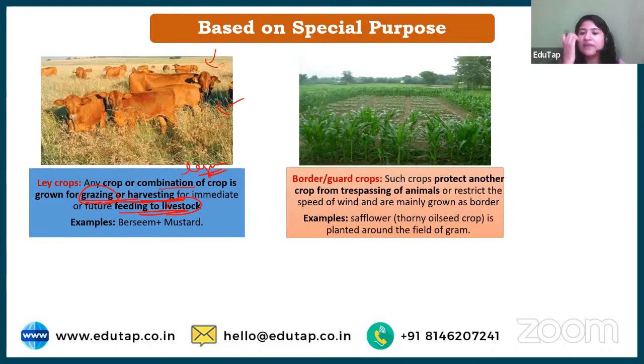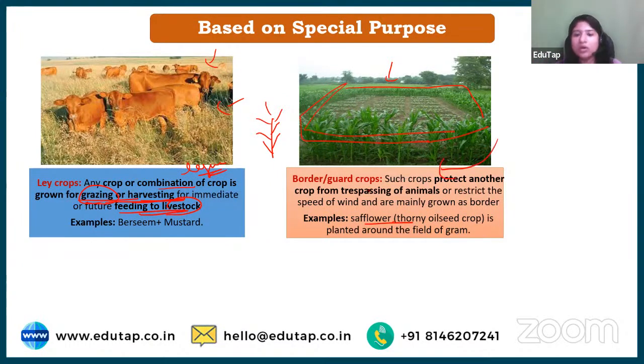Next we have border or guard crop. In the main field, whatever crop you have sown there, a bordering is usually done with either thorny crops or tall crops which grow vertically. So the main field is protected, so that any animal cannot go inside. Usually an animal would just randomly roam around the field, but they have seen that if large, long plants are there, animals would not purposely cross between them, they would rather go around them.